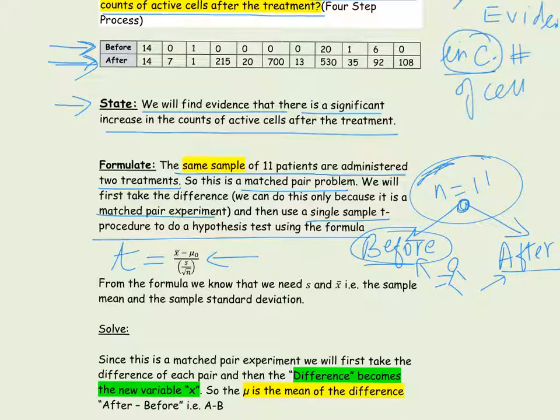So the T statistic is given by this formula. It's important to write down the formula because that tells you what to do next. The formula tells you what numbers you need, and that's a start, and then we can start solving the problem. You need the sample mean, x bar, and the sample standard deviation, s.